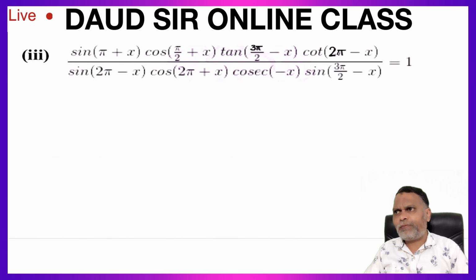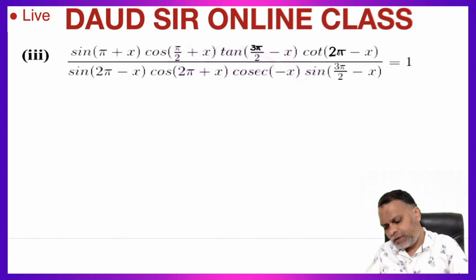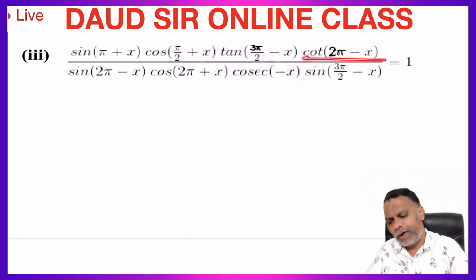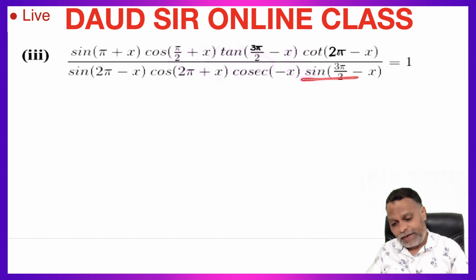Question number third, part third, prove that sin pi plus x into cos pi by 2 plus x into tan 3 pi by 2 minus x into cot 2 pi minus x upon sin 2 pi minus x into cos 2 pi plus x into cosec minus x into sin 3 pi by 2 minus x is equal to 1.